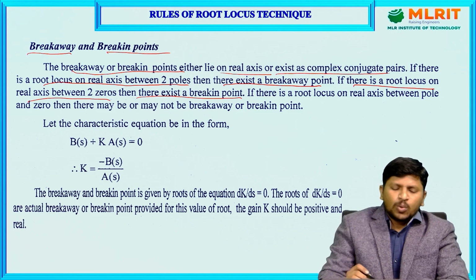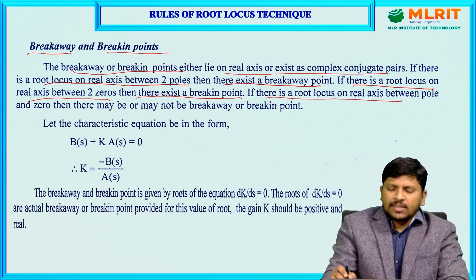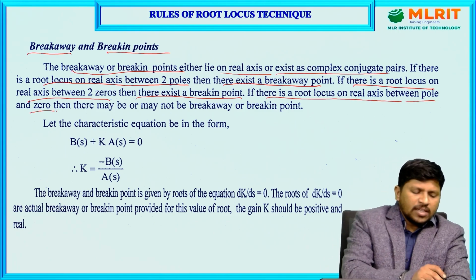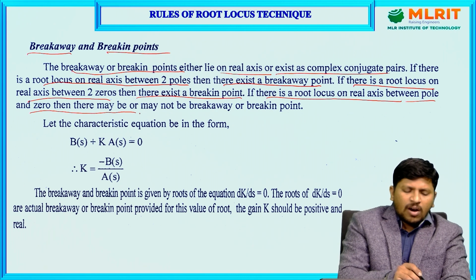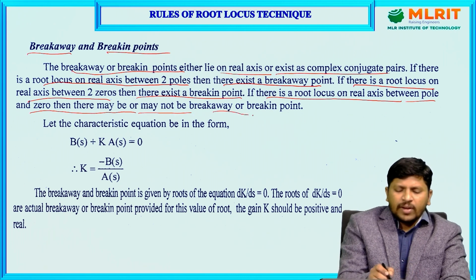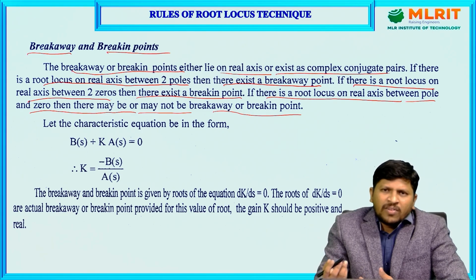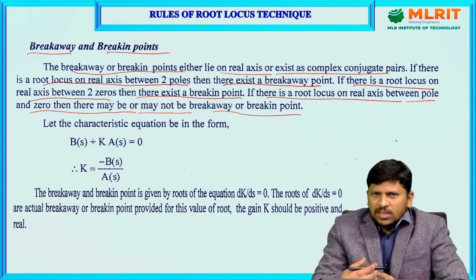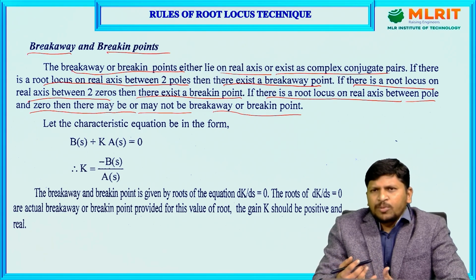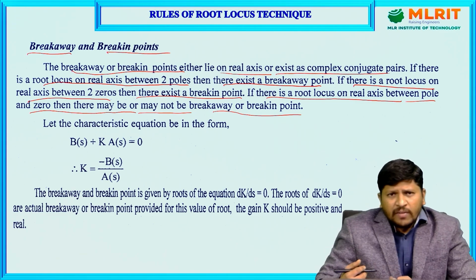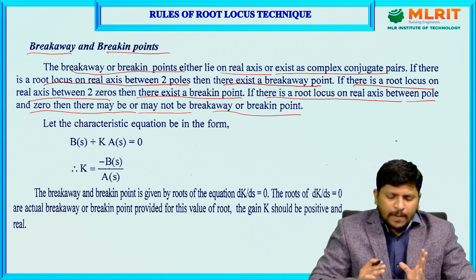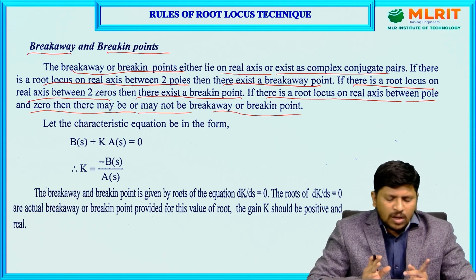If there is a root locus on the real axis between a pole and a zero, then there may or may not be a breakaway or break-in point. Maybe it is going to be a breakaway or break-in, or else there are no breakaway or break-in points between the pole and zero.